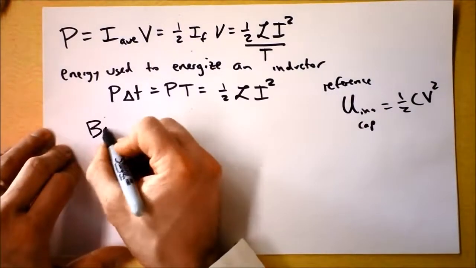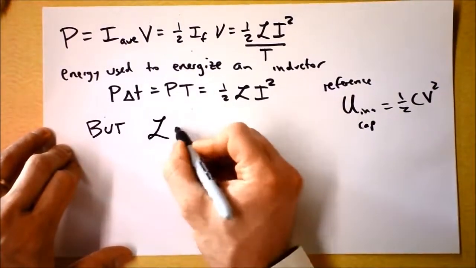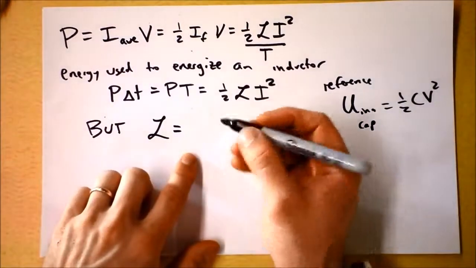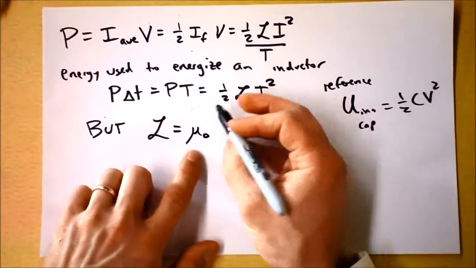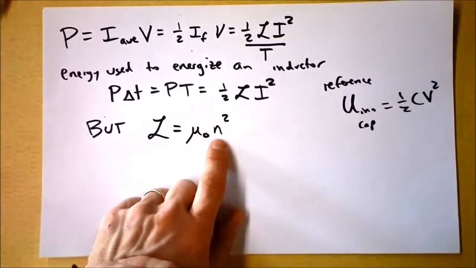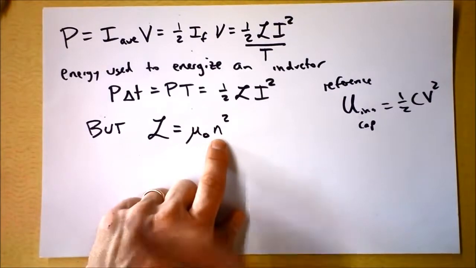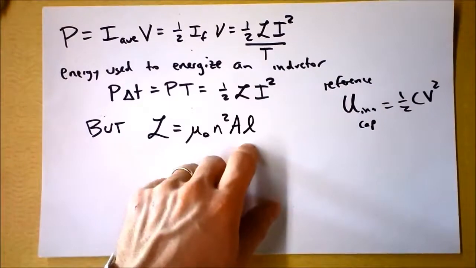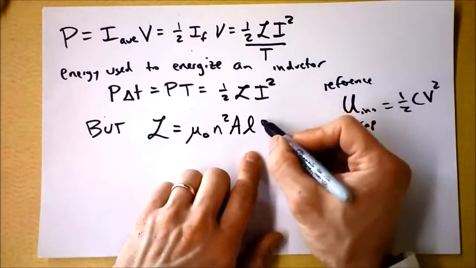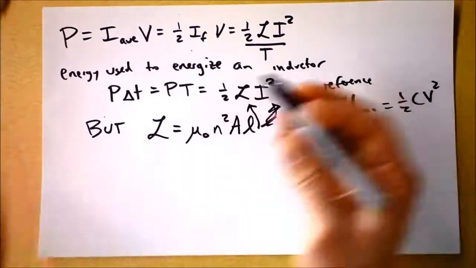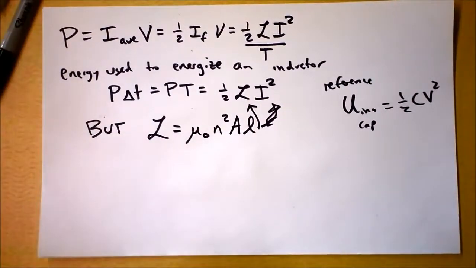I know that the inductance of a simple solenoid, which we showed in the previous video, is mu naught times the number of turns per unit length, squared, times the area times the length. We found that that was the volume also. So I'm going to plug this in right there, and I'm going to switch colors because that's getting boring.